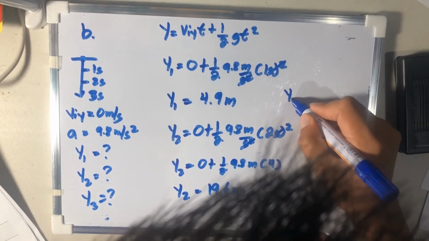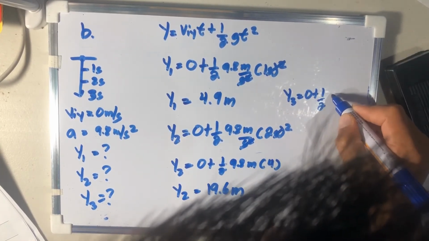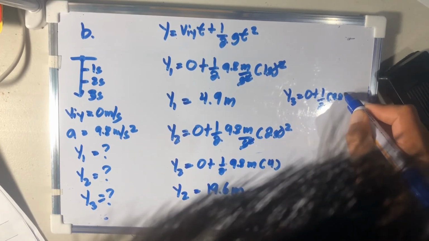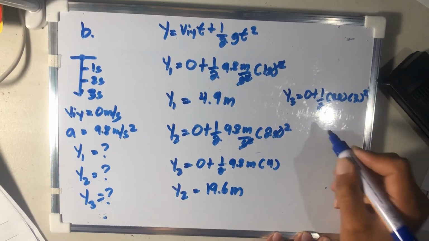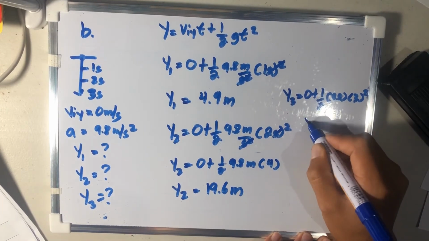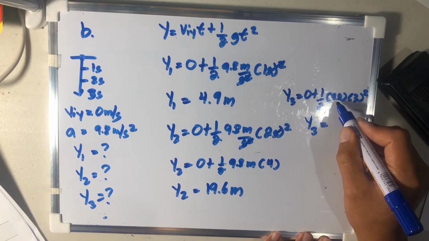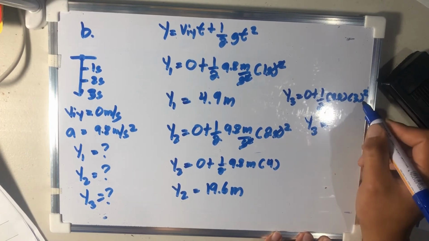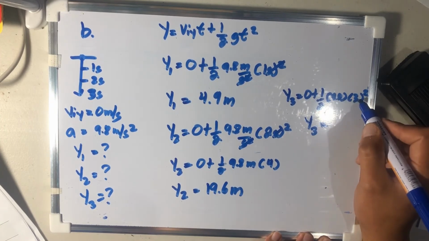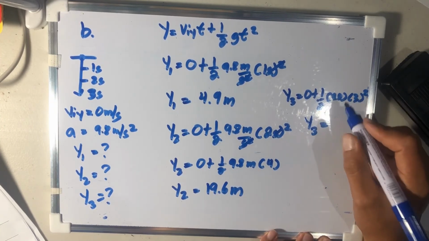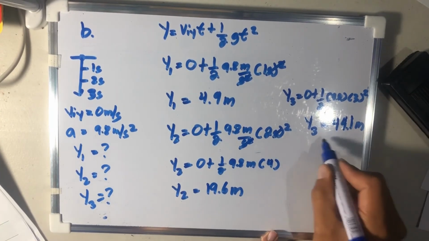So y3 is equivalent now to 0 plus 1/2 times 9.8 multiplied by 3 seconds squared. So that will give us y3 is equivalent to 9.8 times 3 squared, so that is 9. So 9.8 times 9 times 1/2. So this will give us a value of 44.1 meters.